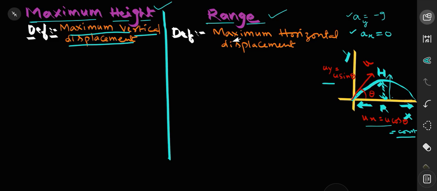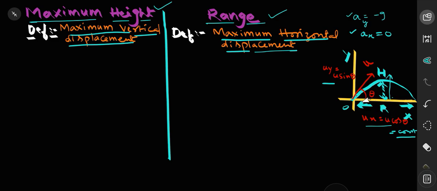And range is defined as the maximum horizontal displacement. When the projectile is projected from the point O and reaches the ground at point X, then the distance between O and X is called the range.